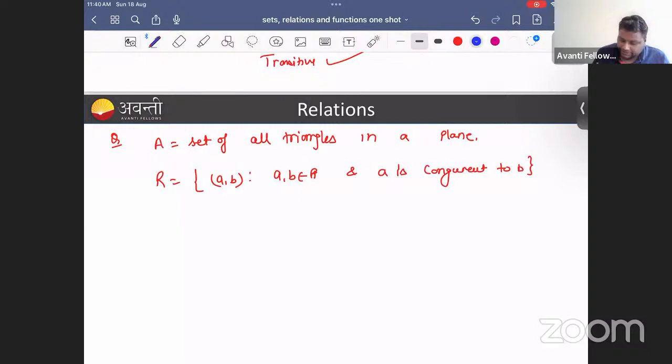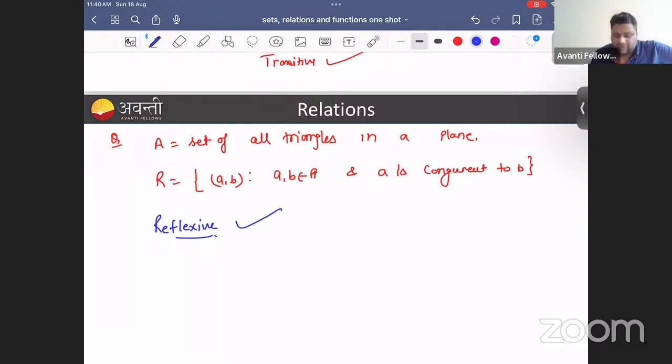Now, tell me, is this relation reflexive? Yes, because every triangle is considered congruent to itself.